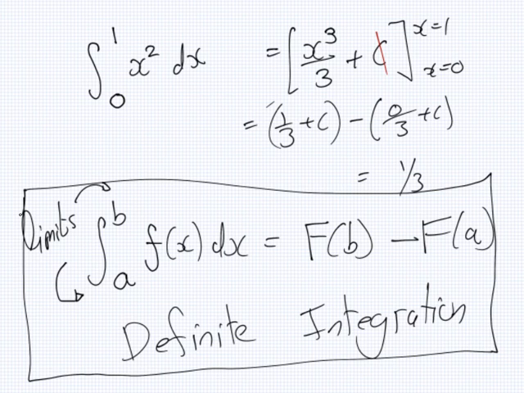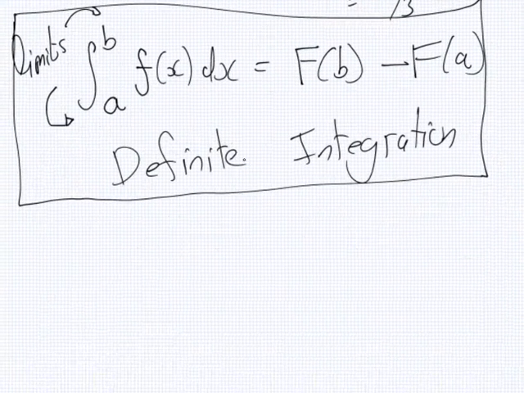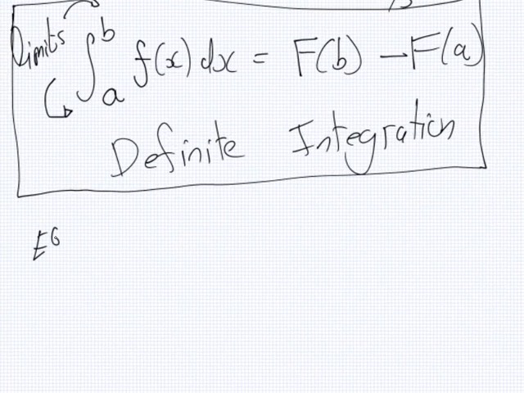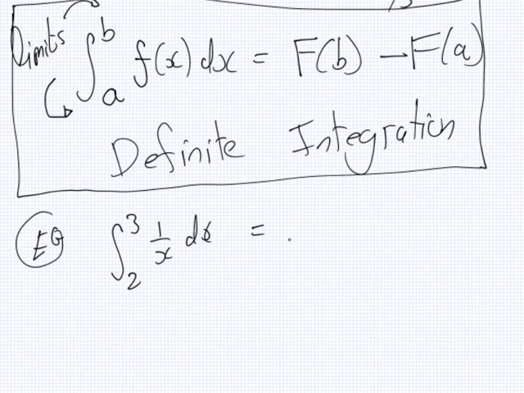Here's my example, something you might get. Let's integrate from 2 to 3, 1 over x dx. So 1 over x becomes log x, and then I need to put in the two values, 2 and 3.